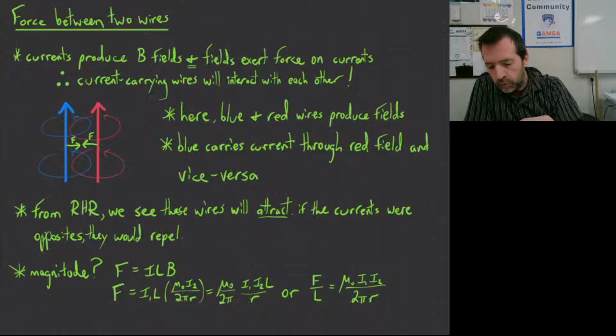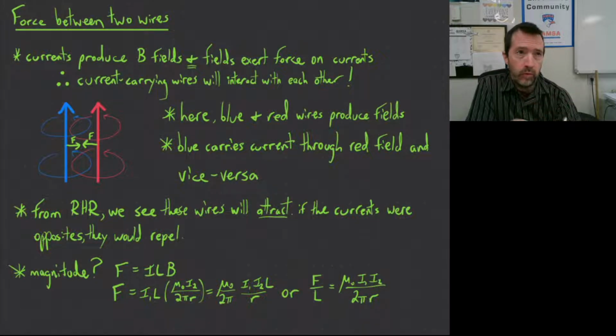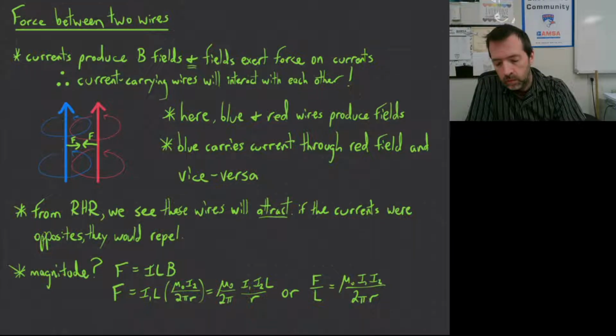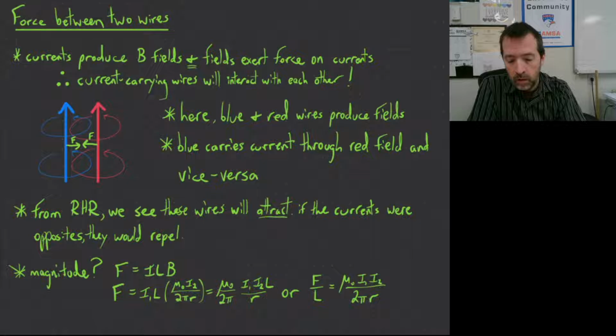And I've also written it in this funny way where I divided both sides by L to put the L over on the left. That's referred to as the force per length or force per unit length on the wires. And the reason that I've done that is that sometimes physics questions are written in terms of the force per unit length, especially if they don't feel like telling you how long the wires are, like if they have an unknown length, or especially if they have an infinite length.